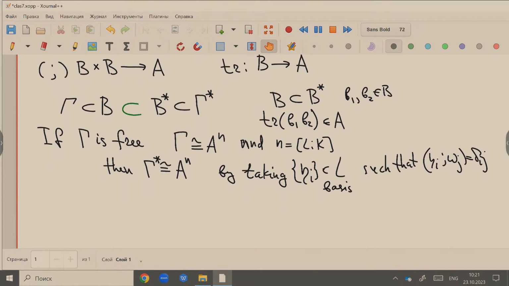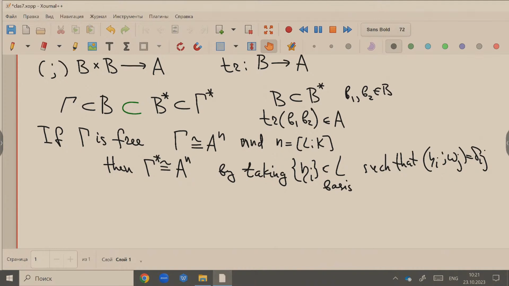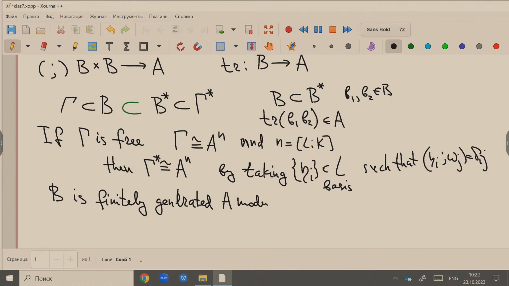So you see that B is contained in A^n, so B is a finitely generated module. This proves that B is a finitely generated module in A^n, which is isomorphic to gamma dual.